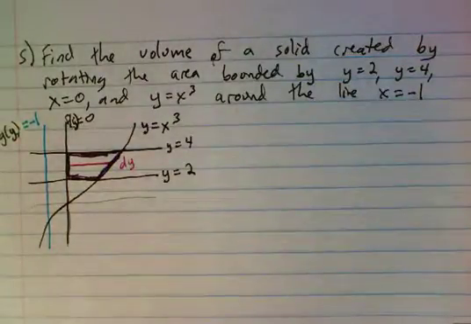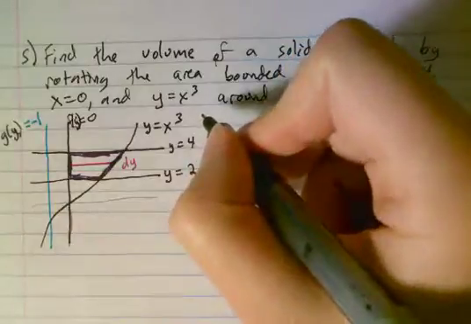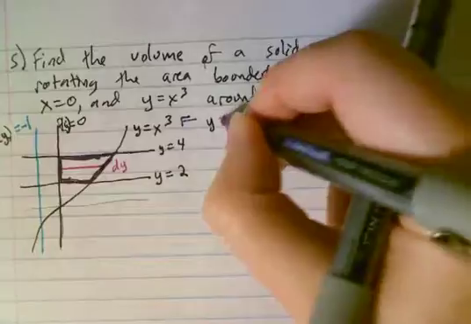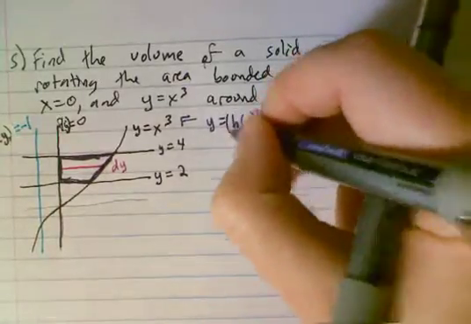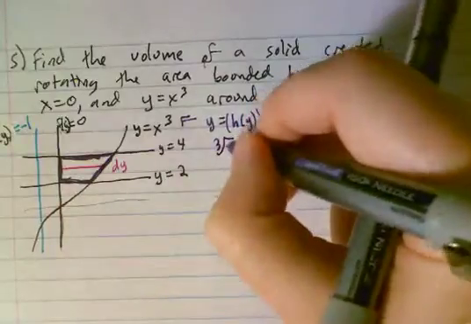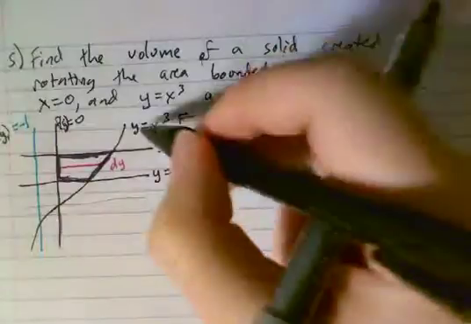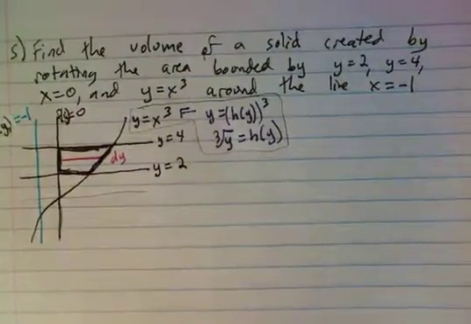And I know that this one right here should be converted. I'm a little bit short on room, so I'm going to do this over in purple so we can still spot it. So y equals h of y cubed, so cubed root of y equals h of y. And I'm going to go ahead and box that so I can find it again. There we go.